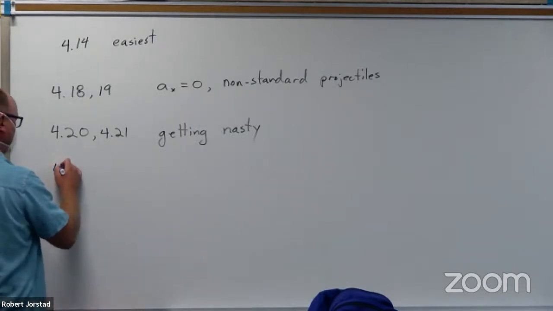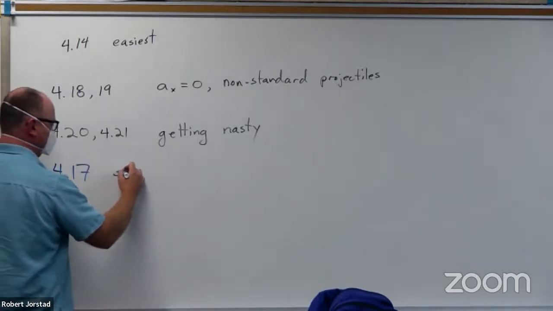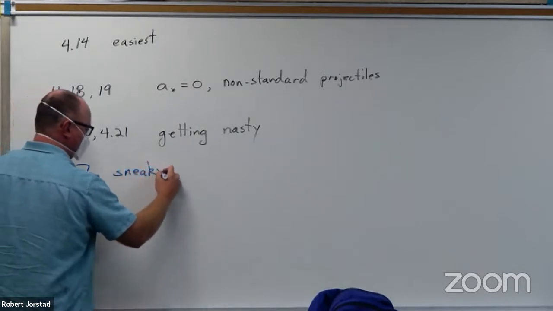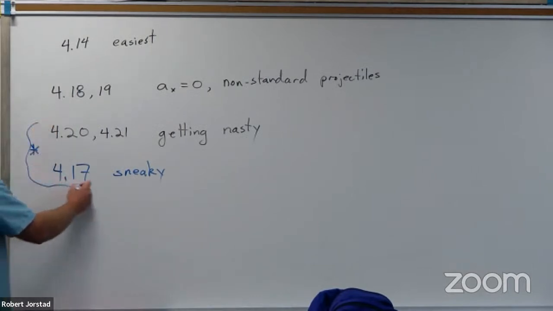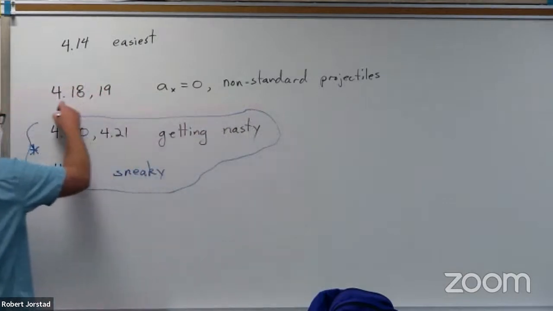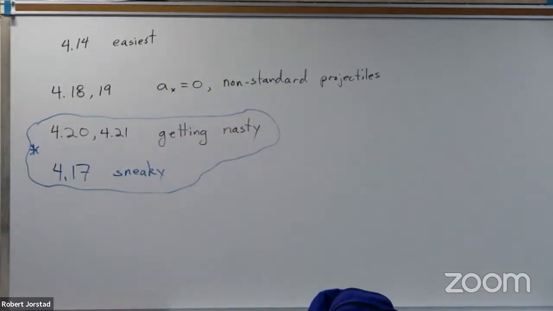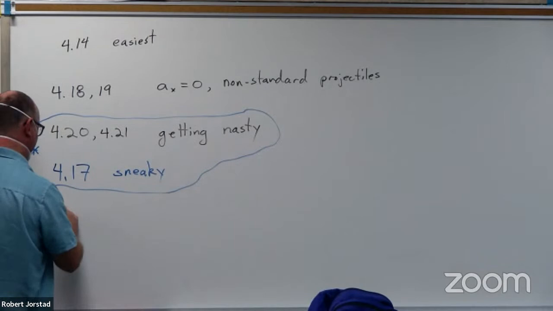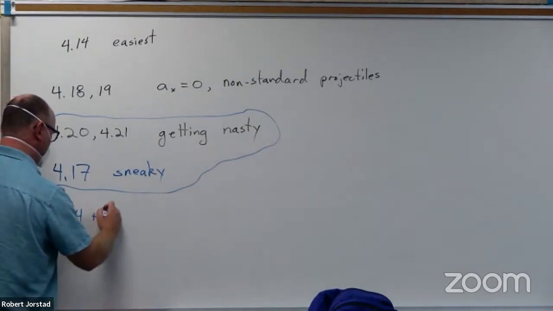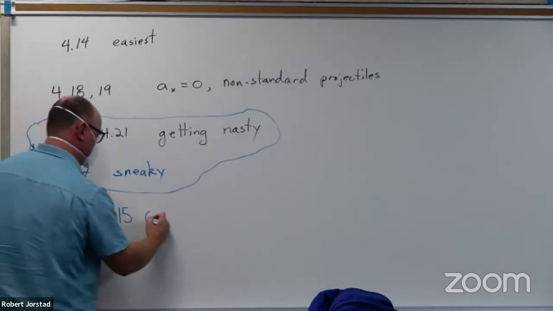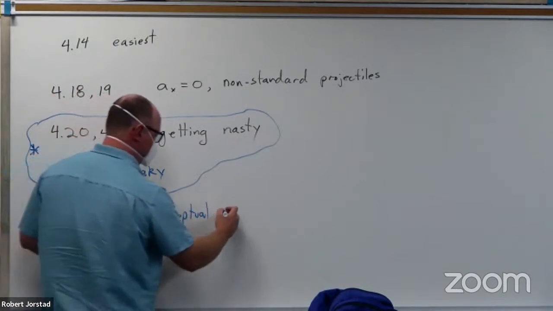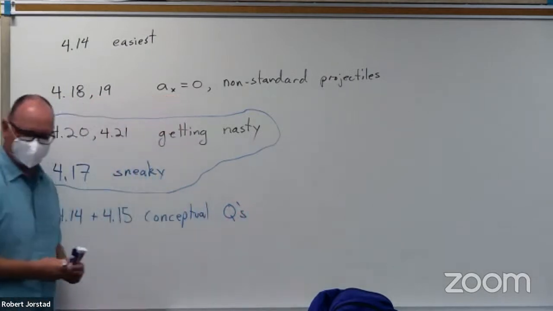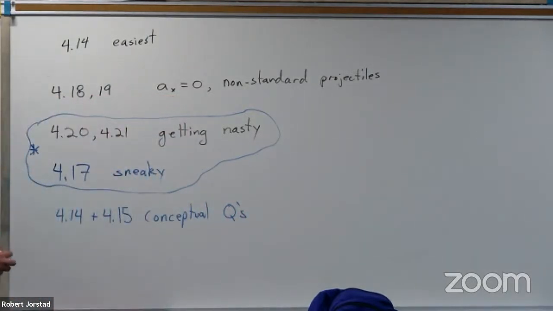These ones are kind of test level. Similarly, if you want conceptual problems, if you're just not wanting to do a lot of math, 4.14 and 4.15 are conceptual. So if you really want to hammer the concepts, you can hit those. I think that's plenty to choose from.